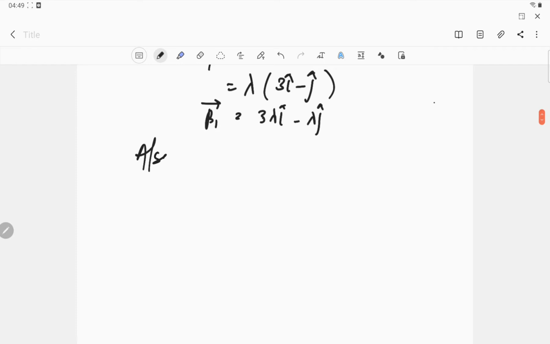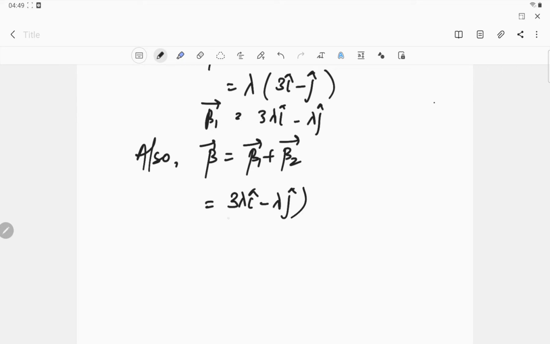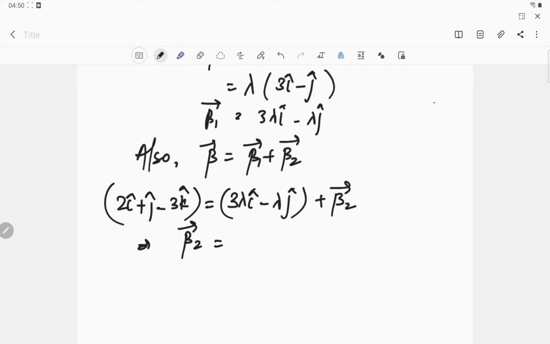Also, we are to express beta vector as beta 1 plus beta 2. So beta 1, we already know, is 3 lambda i cap minus lambda j cap, and beta vector is also known to us. It is 2i plus j minus 3k, and beta 2 vector is still unknown. So using this equation, we can find beta 2 vector.